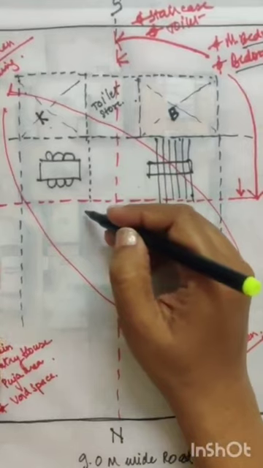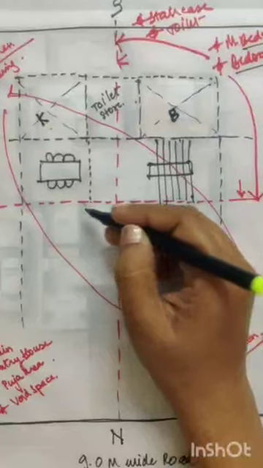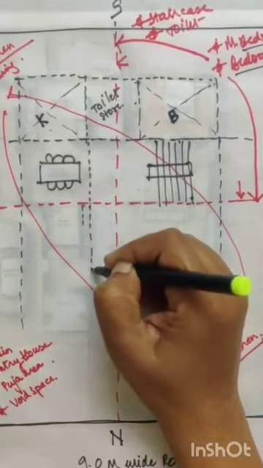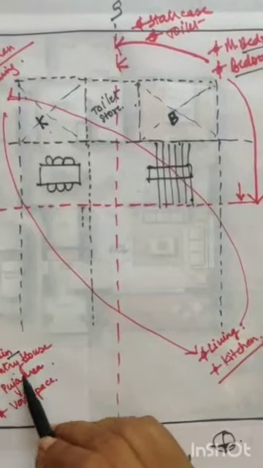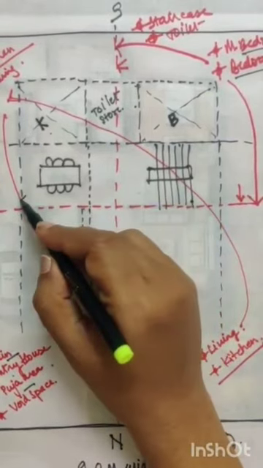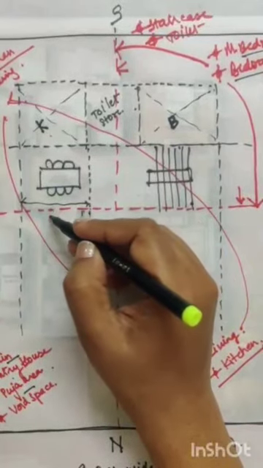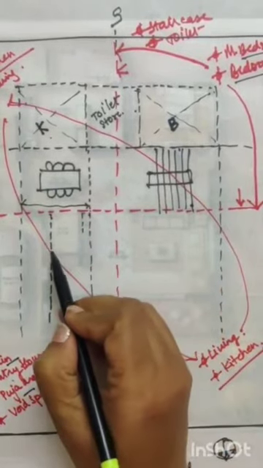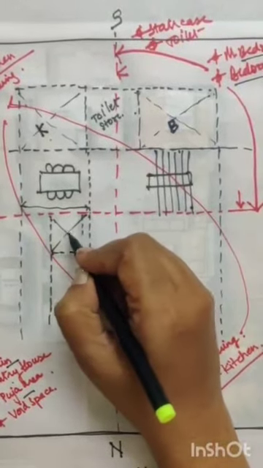Okay, then we can extend this line as well. Then comes the main entry and puja area. Since the puja area and the main entry don't require a 10 feet long dimension, here we can have a minimum of 1.8 to 2. So I'm marking 1.8 to 2. This becomes my puja.